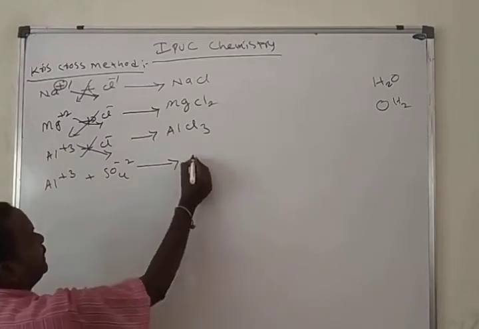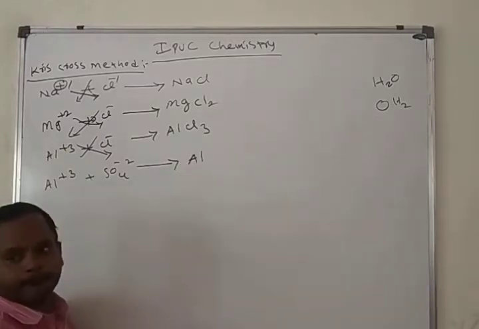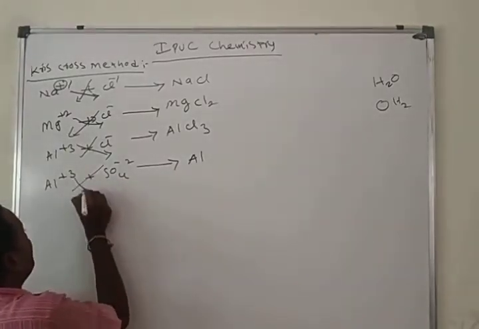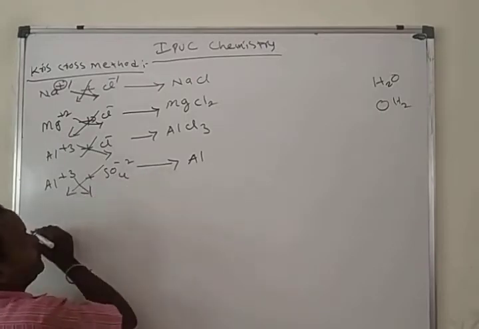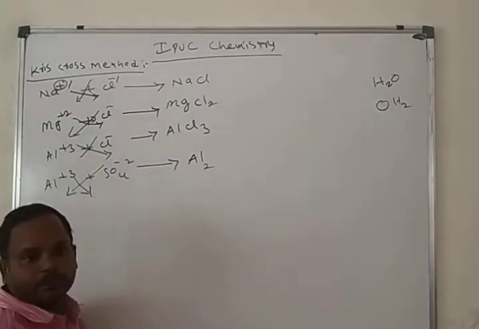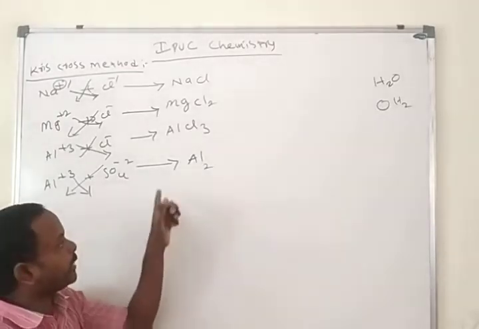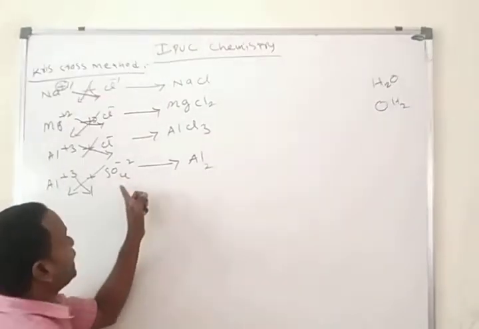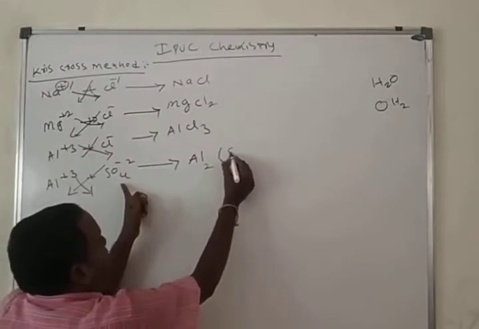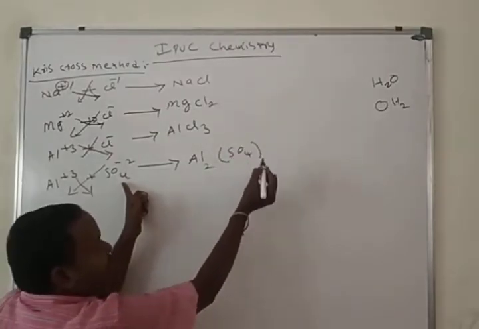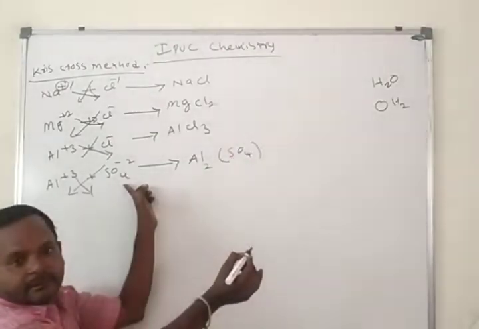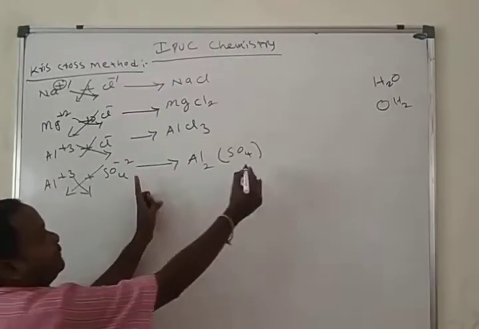Okay, here I am writing aluminium. We follow the cross method now to write here Al2. This is a single atom, so write Al2. Don't write it in brackets. This is a molecular ion. Molecular ion means you should write the molecular ion in brackets. Then 3.